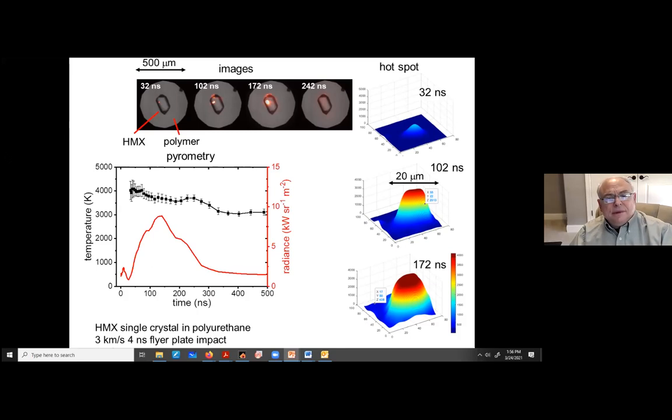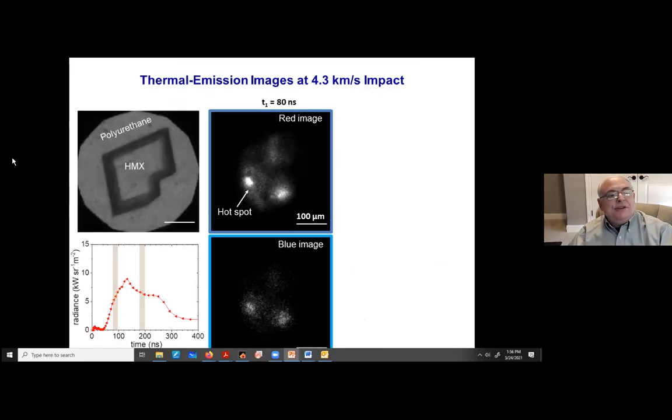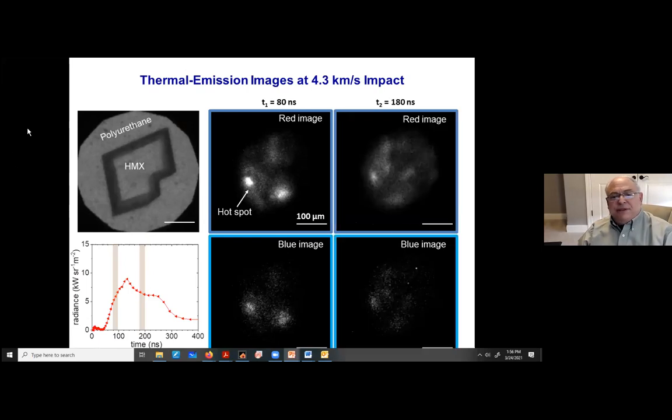Finally, I want to show you spatially, so this is just spatially resolved intensity. Now I want to show you spatially resolved temperatures and emissivities. Here's an HMX crystal in a polymer, of course. And then when you shock it, what we've done is it's called either thermography or hyperspectral imaging.